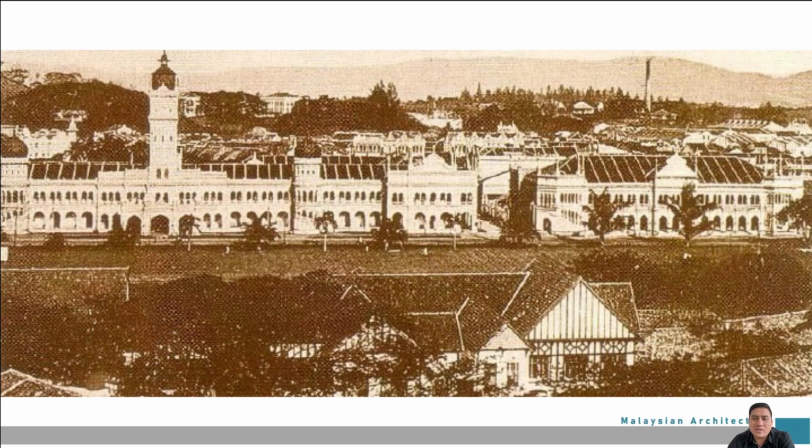As you can see, there are strong vertical lines, and it is also heavily influenced by Indian and Middle Eastern buildings. If you look at the decorative features on this building, why did they not use Malay traditional architecture? That is what happened throughout the development of architecture in our country.